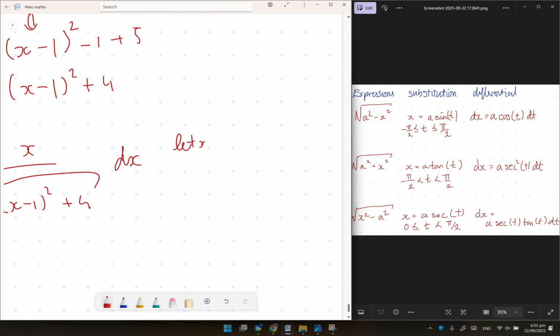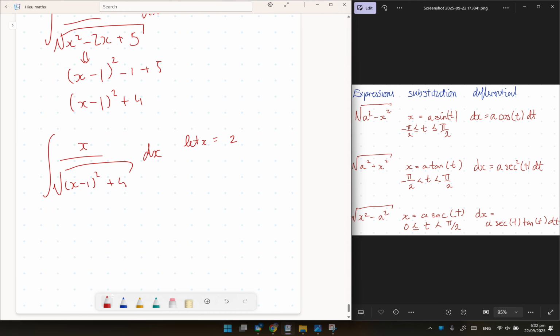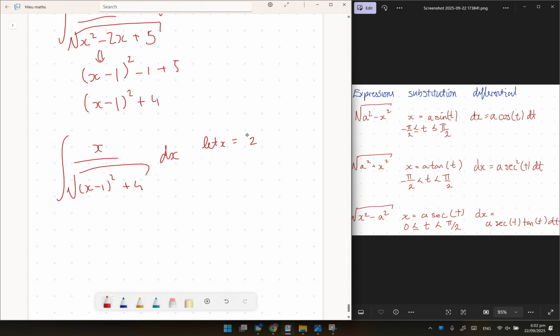So let x minus 1 equal 2 tan t, and therefore x is equal to 2 tan t plus 1. dx is 2 sec squared t dt, since differentiating the constant gives nothing.